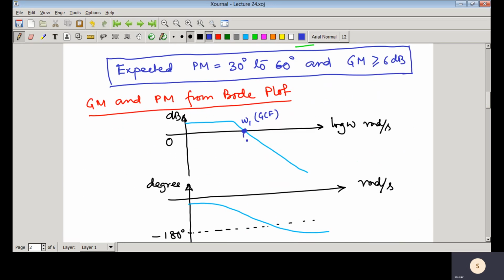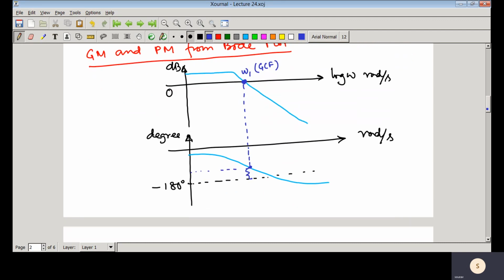This is the frequency, and we can see that the phase is this one. So this much phase you have at omega equal to omega 1, that means at GCF, and if we subtract this angle from 180 degrees, then that is the phase margin. So we can see how to get the phase margin from the Bode plot.